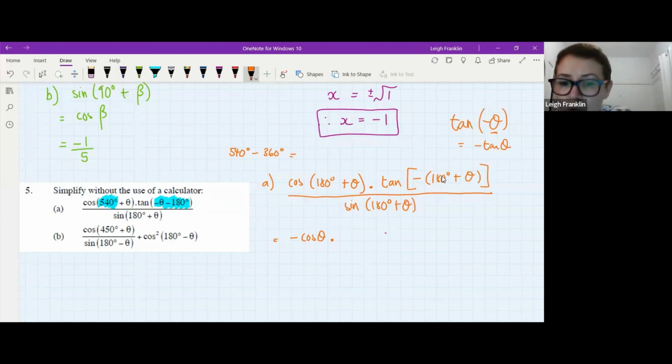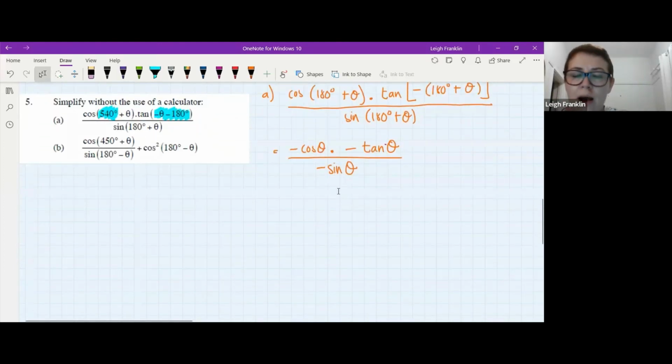So this will reduce to negative tan theta. Sine 180 plus theta reduces to negative sine theta. Good. So now I've got a negative times a negative divided by a negative, so my overall sign will be negative.